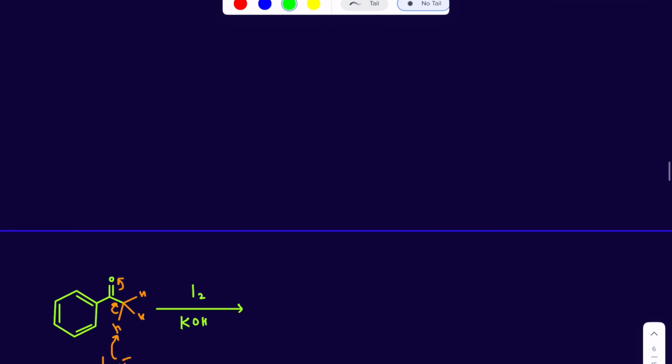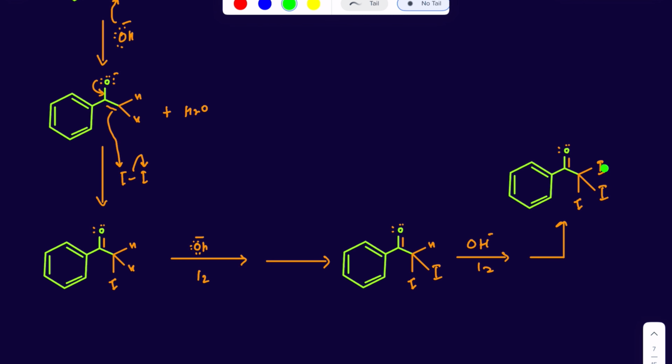But if you are installing three halogens like we did in this particular case, that makes this a really good leaving group. So this is where the reaction kind of differs at this point, where I can have an OH minus coming in again, acting as a nucleophile, and it's going to go ahead and attack this carbonyl carbon, and this is going to come out.